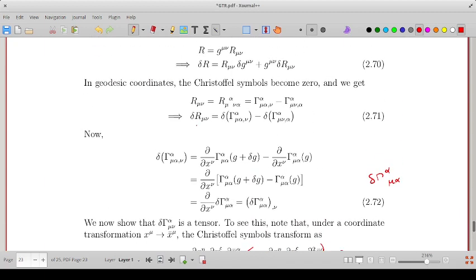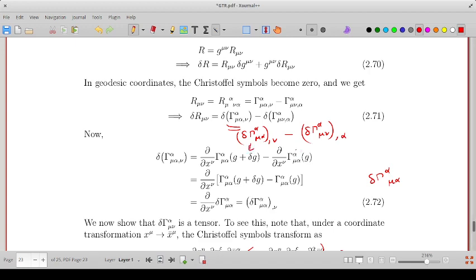So delta R mu nu is equal to delta gamma alpha mu alpha comma nu minus delta gamma alpha mu nu comma alpha. But this object, as we have seen, is given by delta gamma alpha mu alpha comma nu, and this will similarly be given by delta gamma alpha mu nu comma alpha.